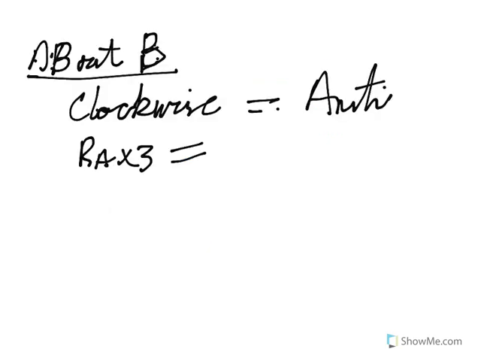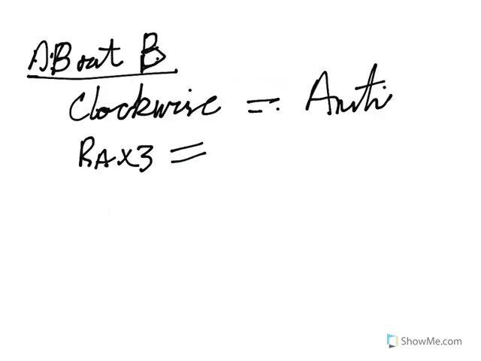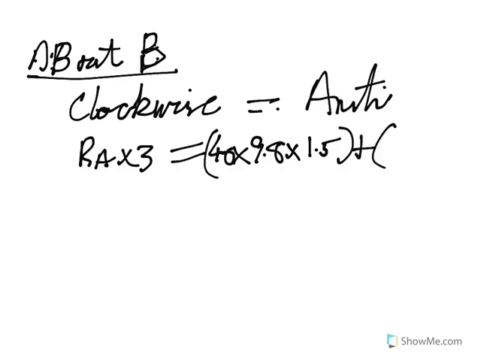So my anti-clockwise ones is 40 times 9.8 times 1.5. And to that I've got to add the other one, which was 50 times 9.8 times 1.